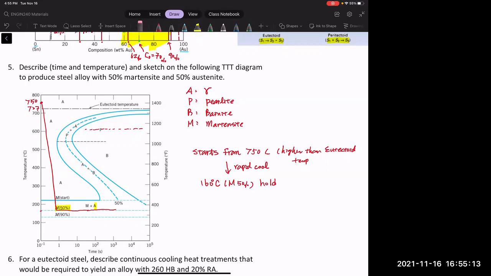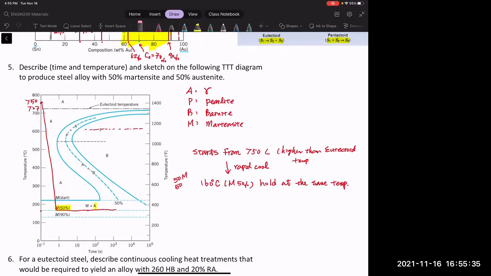You're going to hold it at that same temperature. This will give you 50% martensite and 50% austenite, or the A.